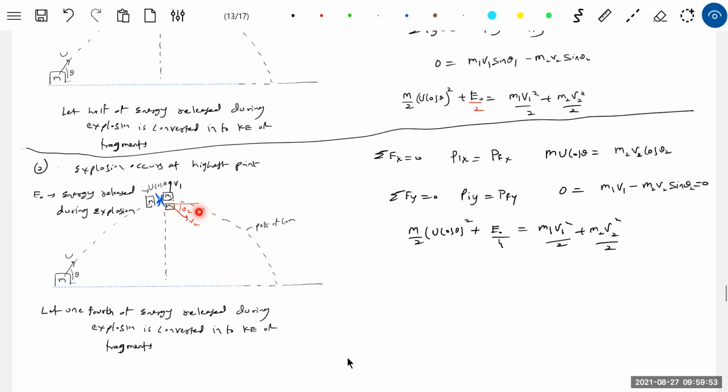So here it will go and land somewhere here. I'll draw the trajectory properly. The trajectory will come like this. The other one will land here.